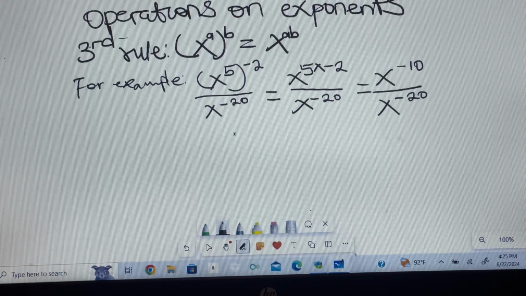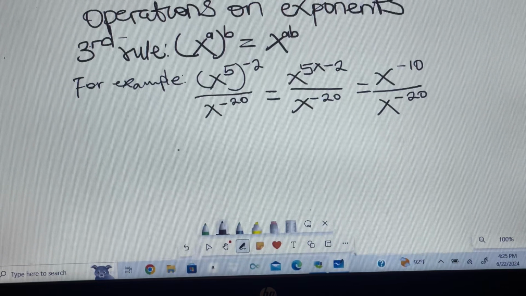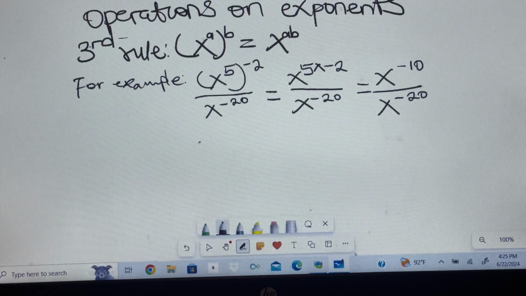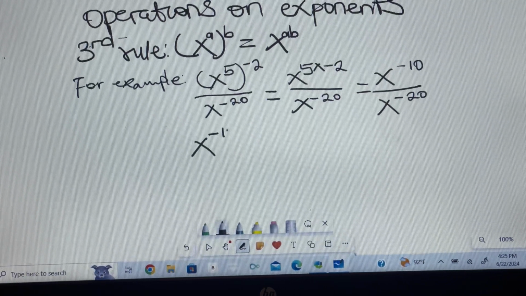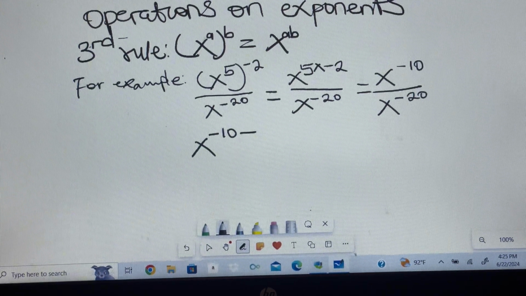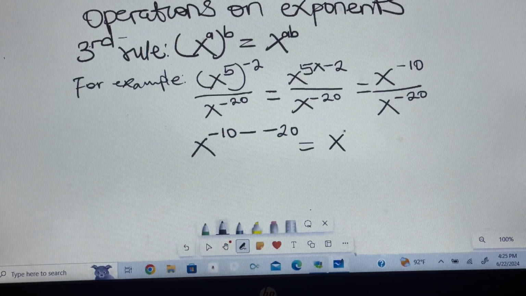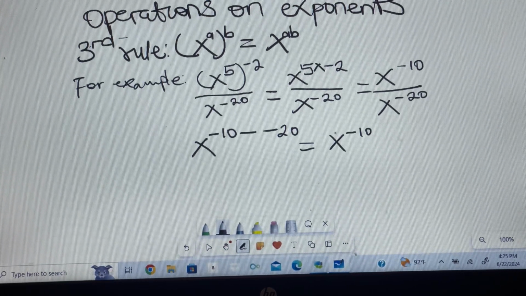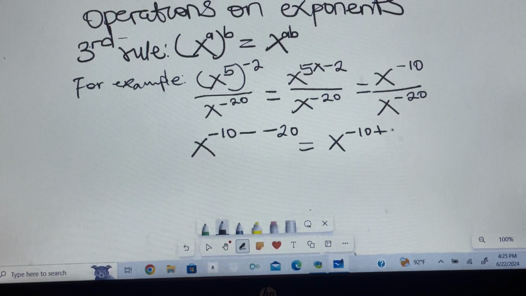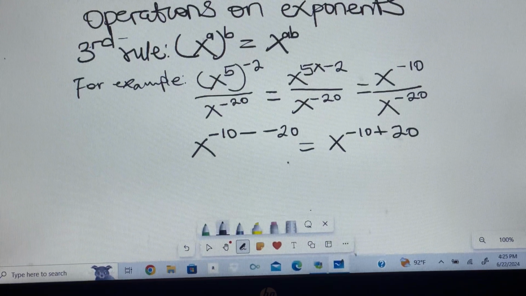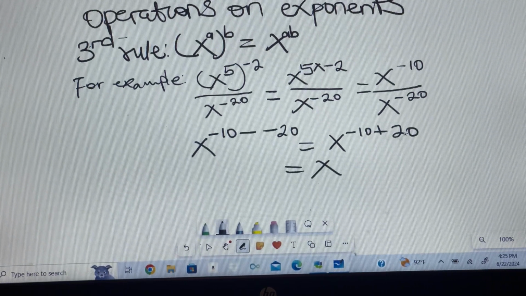So now we're going to apply the second rule, which is the division rule. So we keep the base, which is x, to the power of negative 10 minus negative 20, which is equal to x to the power of negative 10. This minus minus turns to plus 20. So negative 10 plus 20.